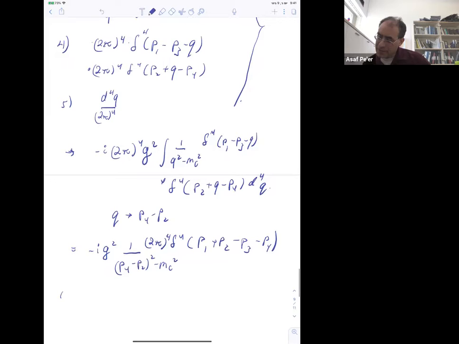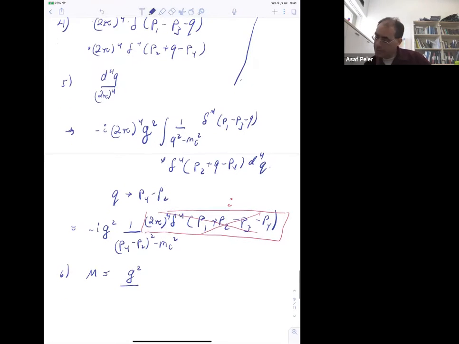Rule number 6 says we cancel the delta function, erase it and multiply by i. So we take this 2 pi delta function, erase it and multiply by i instead. And we get that M is just g squared divided by (P4 minus P2) squared minus mc squared.